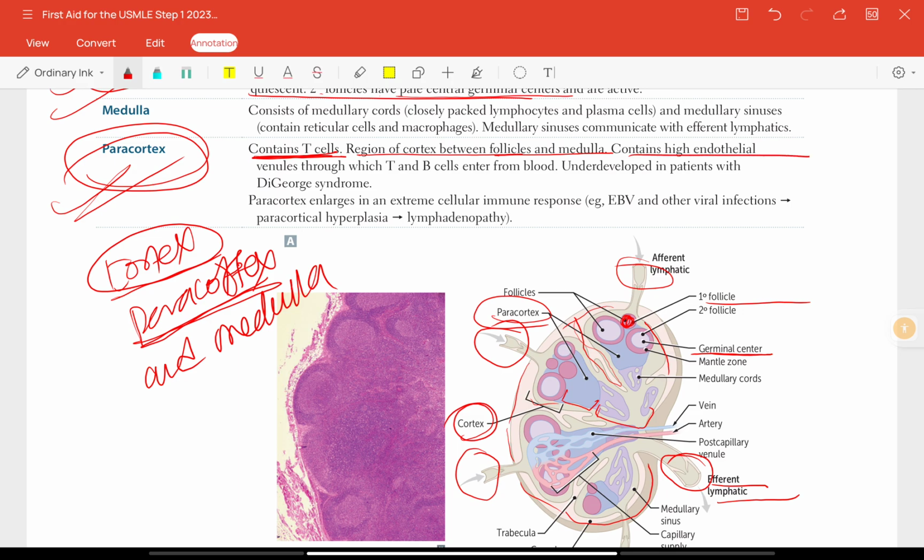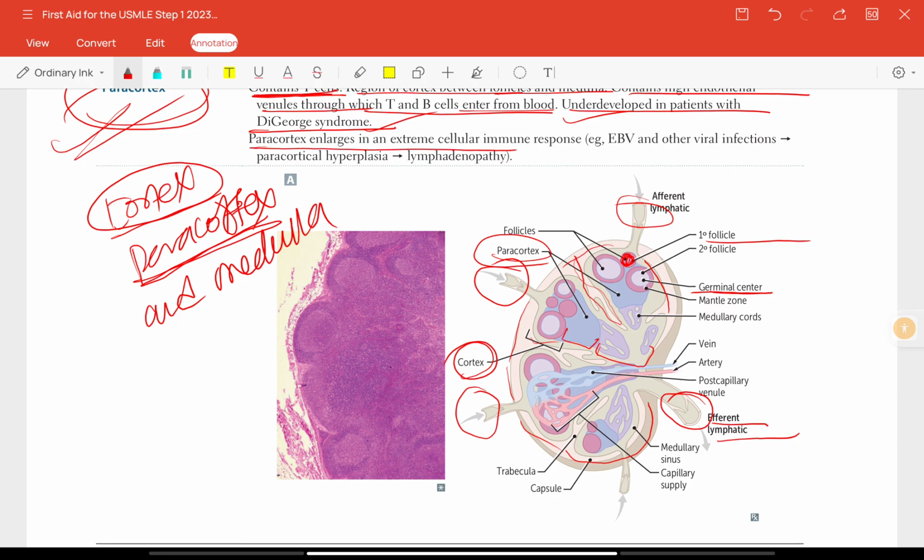It contains high endothelial venules, through which B and T cells enter from blood. It is underdeveloped in patients with DiGeorge syndrome.